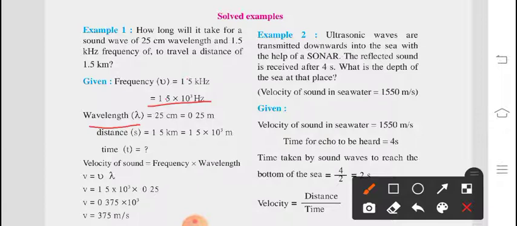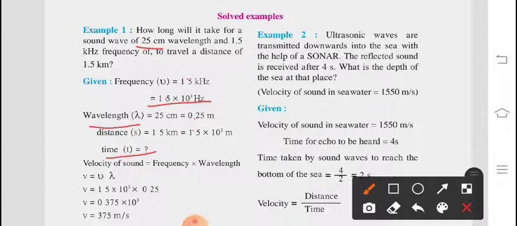Wavelength is given 25 cm, but here we have to convert these units into the SI system. That is why I have converted centimeter to meter. So 25 divided by 100 means 0.25 meter. Distance is given, that is 1.5 kilometer. Again we have to convert this to meter, so it will be multiplied by 10 to the power of 3. What we have to find? Time we have to find.